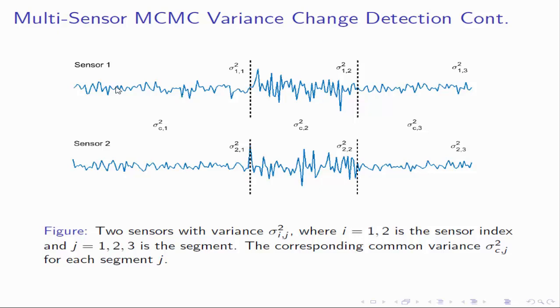So we now effectively have more data points, and we can more accurately estimate the variance for a particular segment. And if we can more accurately estimate a particular segment, we can actually differentiate between the two, and we can show this theoretically. So that's the intuition behind it, obviously assuming that the variances are approximately equal across the sensors.